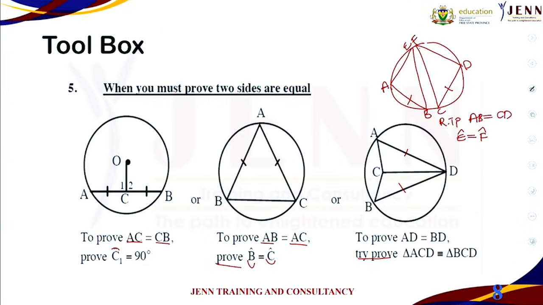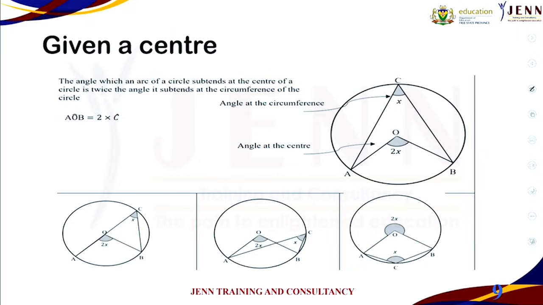Moving forward onto our next slide. Now, if you are given a center, the minute you are given a center, just remember that you must look out for the angle which is subtended by an arc at the center. An arc is this part of the circle.